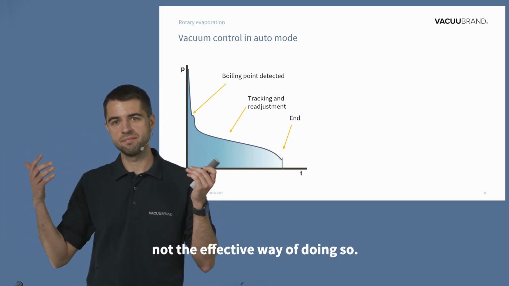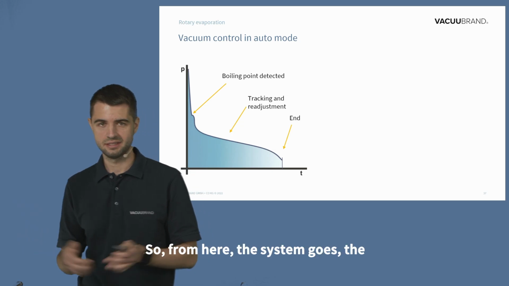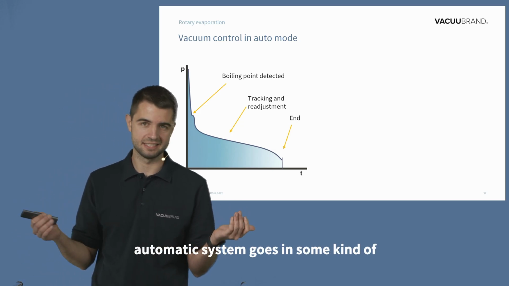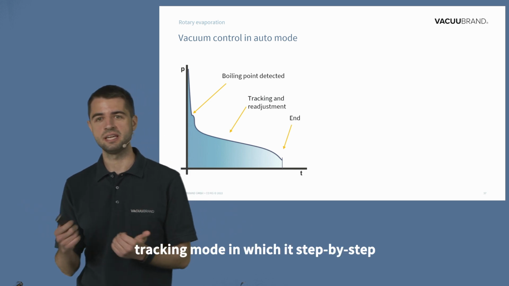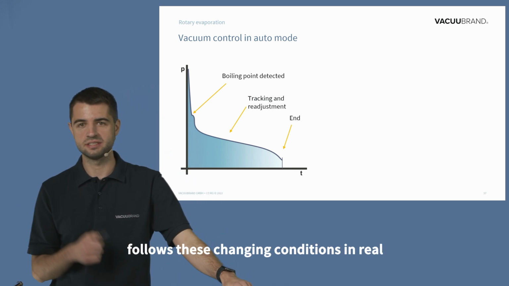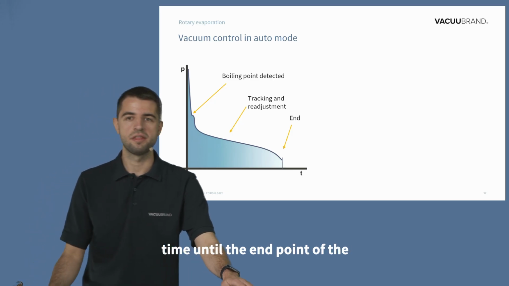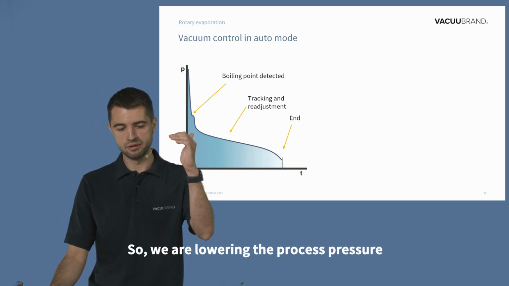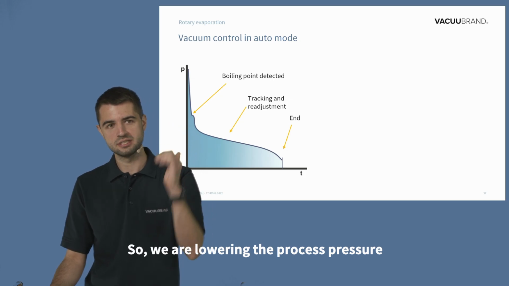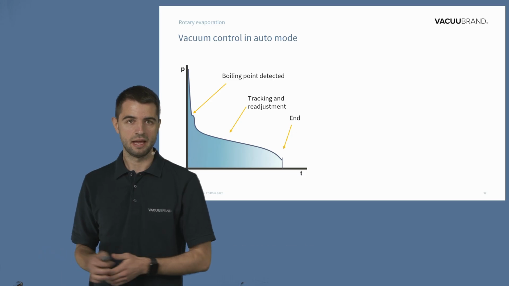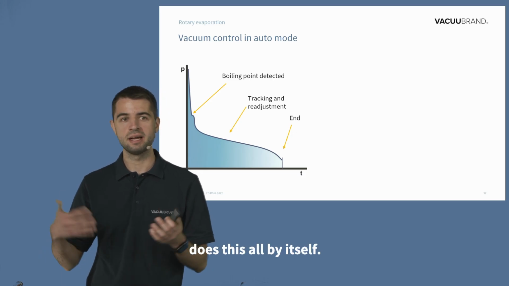But that's not the effective way of doing so. So from here the automatic system goes into some kind of tracking mode in which it step by step follows these changing conditions in real time until the end point of the evaporation is achieved. So we are lowering the process pressure by time to adapt to the changing conditions. And the automatic does this all by itself.